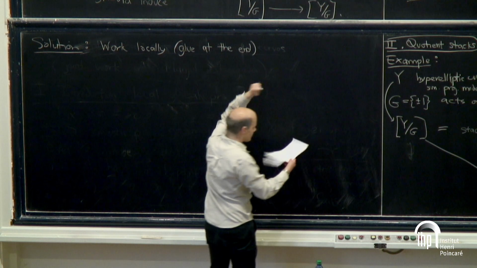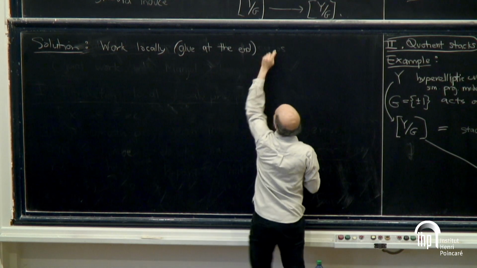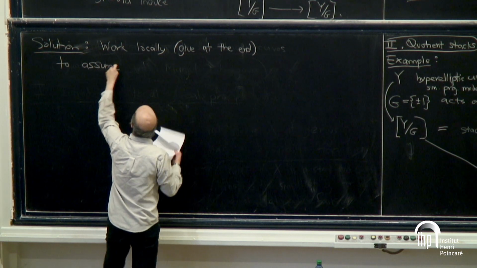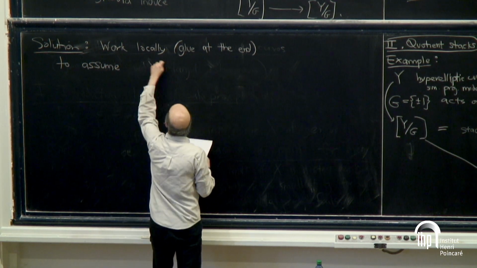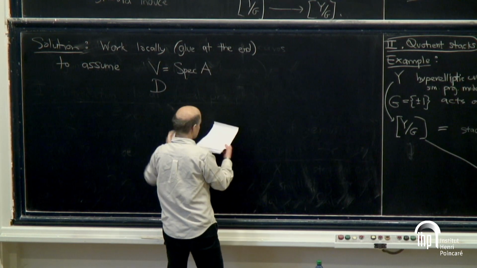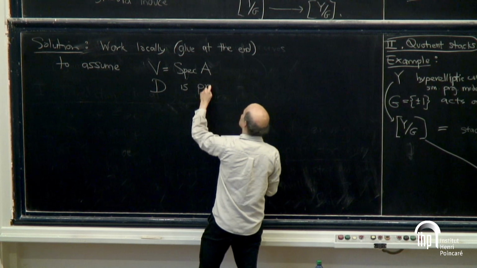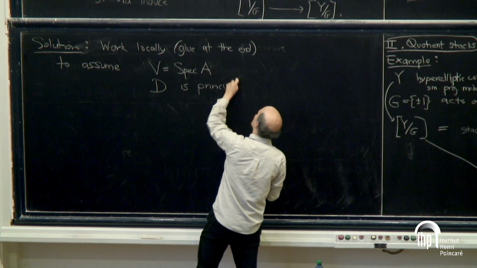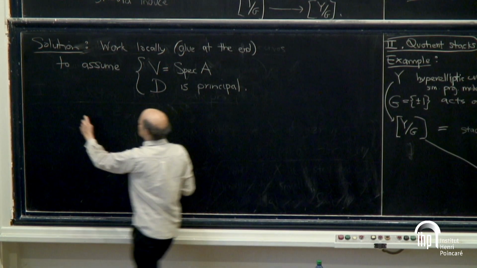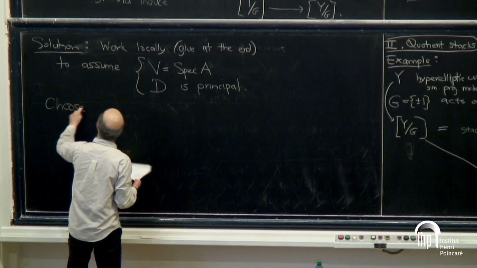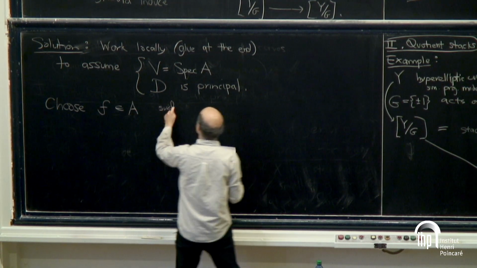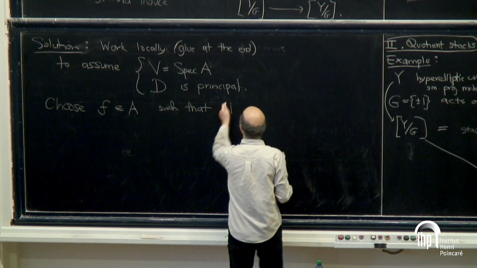But the advantage of working locally is that I can assume that V is affine, and that D is not just locally principal, but actually principal. And so in this case I can choose a function f in A, such that D is the divisor of that function.